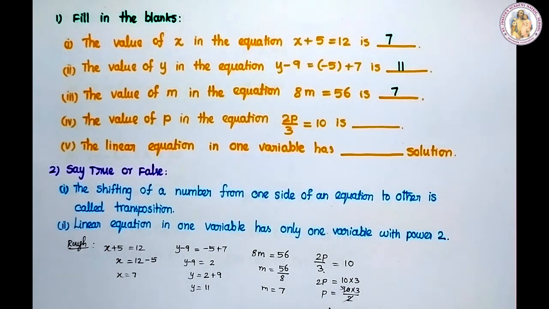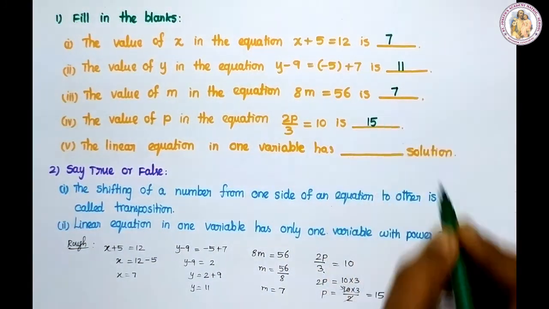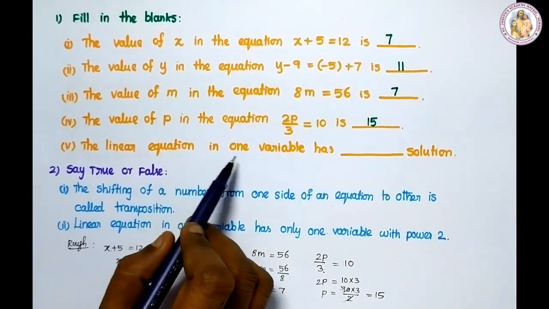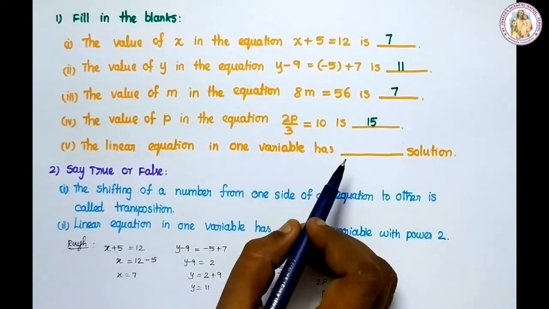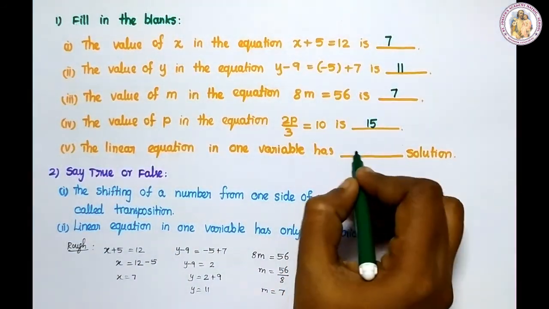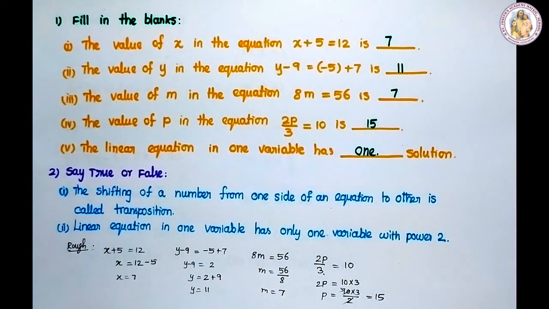So p equal to 5, 3 fives are 15. So the value of p is 15. Next one, the linear equation in one variable has one solution.